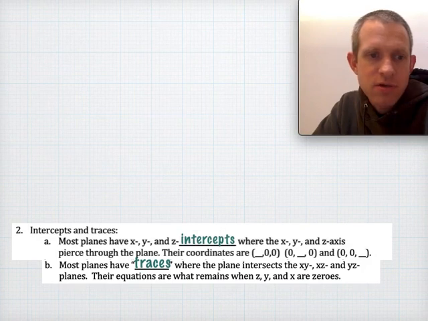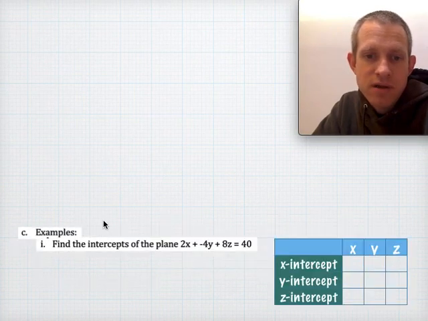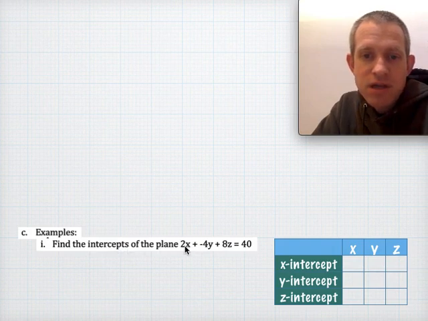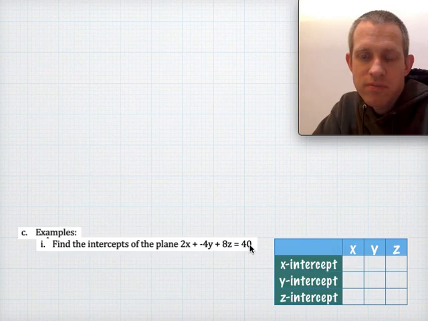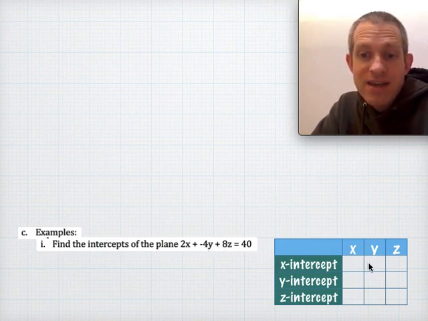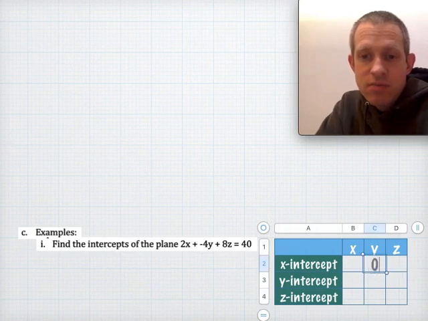So what sort of questions can we answer with this? So here, find the intercepts of the plane 2x minus 4y plus 8z equals 40. So if we want to find the intercepts, we need to remember that those are the special points where 2 out of the 3 coordinates are 0. And so if we want to find the x-intercept, that's going to be the point where y and z are 0.